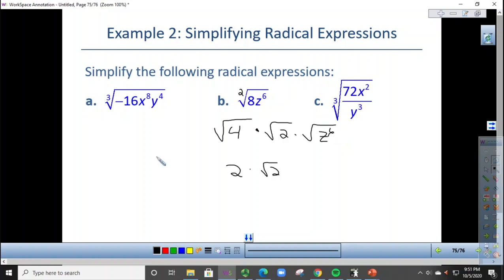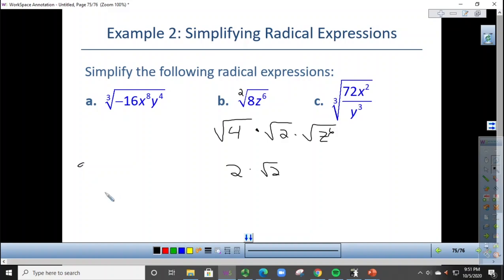Another way of writing this, and we didn't cover our exponent properties in this chapter, but in the next chapter we're going to talk about going from radical to exponential form. Anytime you have an index and a power, you can rewrite it.